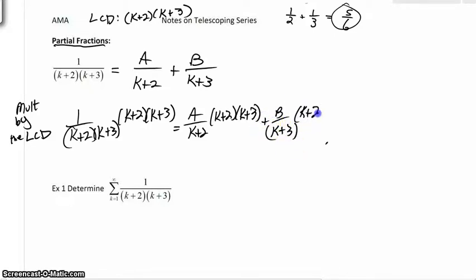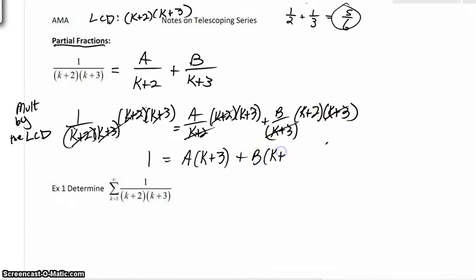I think quite a few of you right now are probably thinking, wow, this is kind of silly. I see what's going to happen. What do we get on the left side clearly? 1. Look, on the right side, the k plus 2's are going to cancel, and you're going to have a times (k plus 3). And over here, the k plus 3's are going to cancel, and you'll have b times (k plus 2).